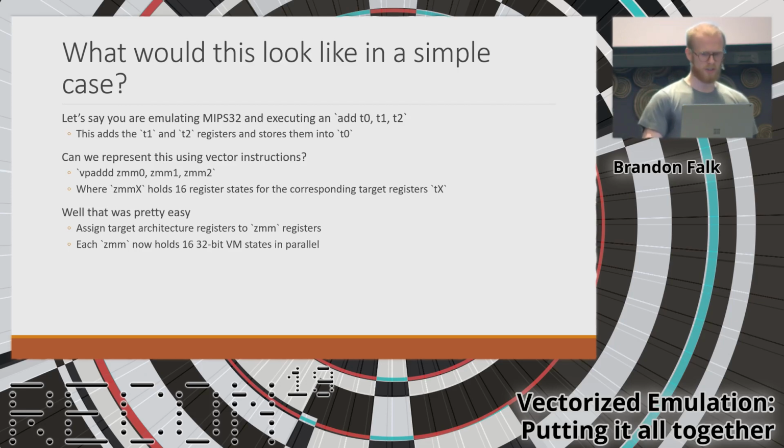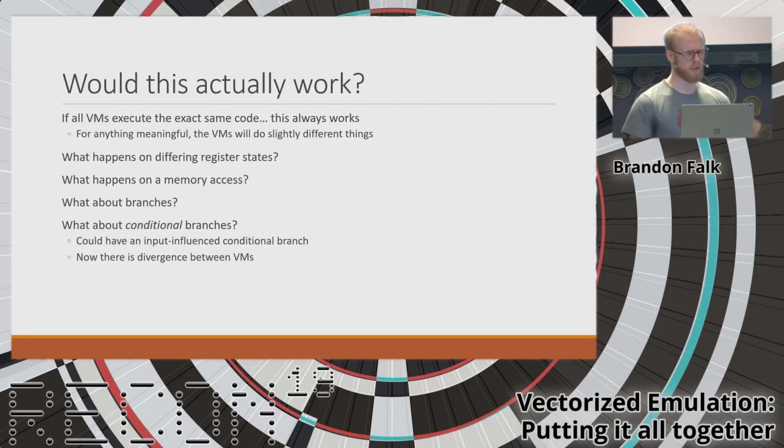So the question is, now that this works on arithmetic, which makes sense, will it work for real programs? I had to think through some of the issues that could come up. First of all, how do I get all the VMs to execute the same code? If they're executing different instructions, then I'm not able to run them in parallel at all.